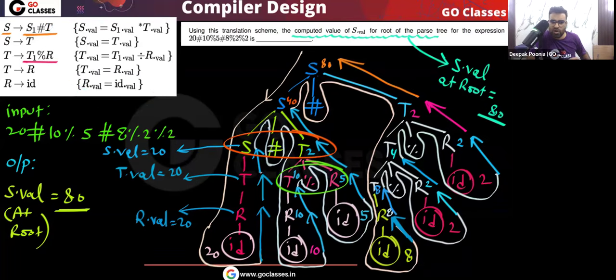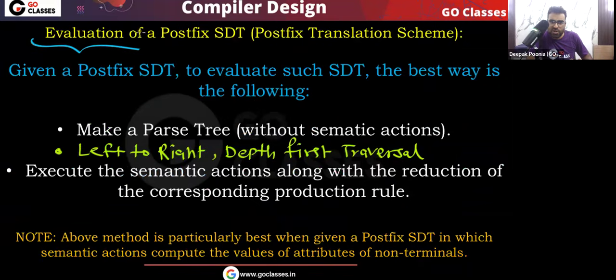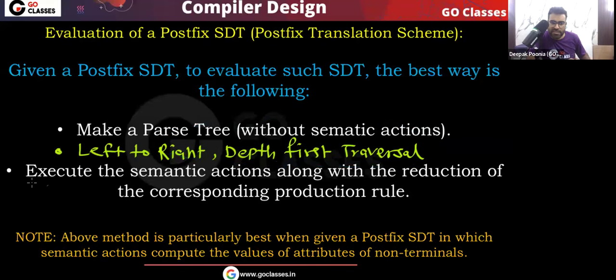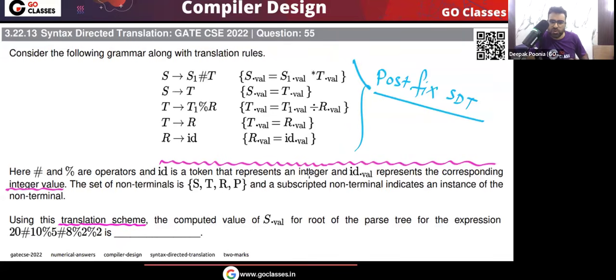As I told you, for evaluation of postfix SDT, make a parse tree without semantic actions, then perform a left to right depth first traversal and execute the semantic actions along with the reduction of the corresponding production rule. Using this method, we have solved this GATE 2022 question.